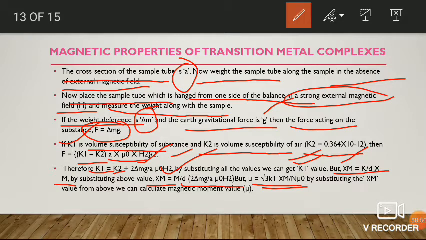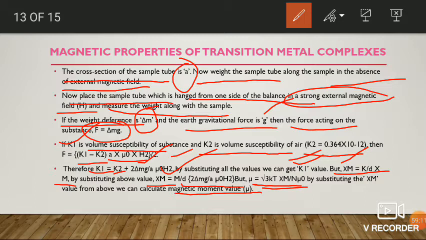We get the final value, the magnetic moment of the particular compound.